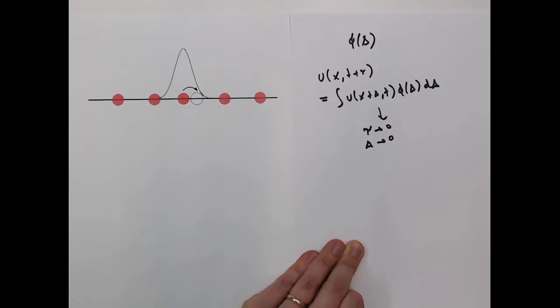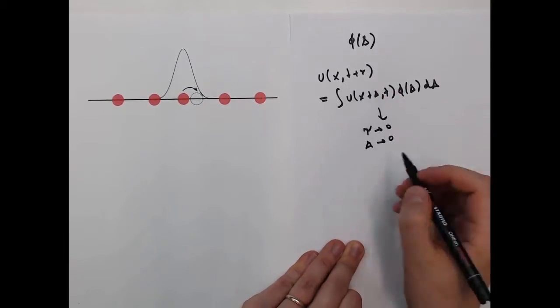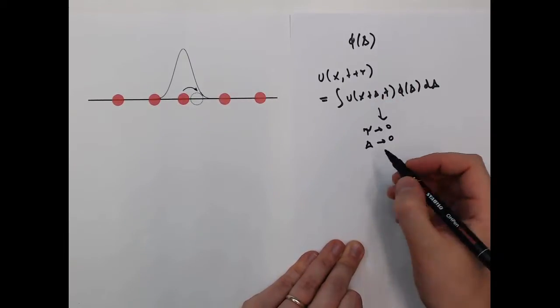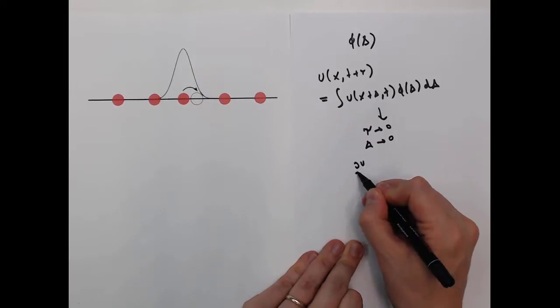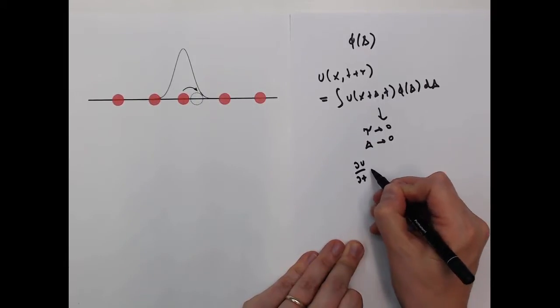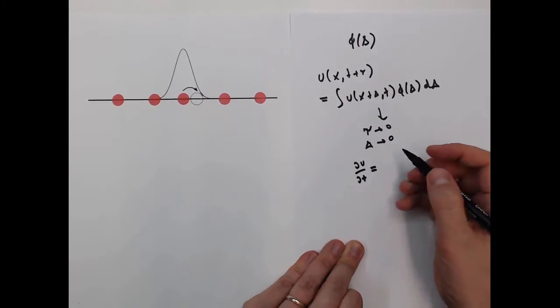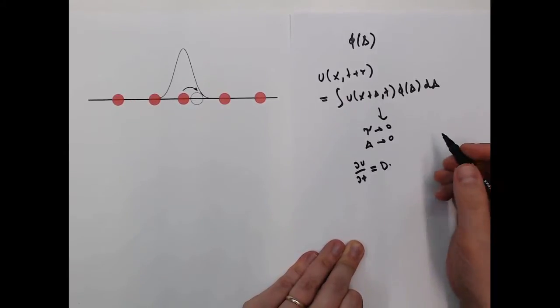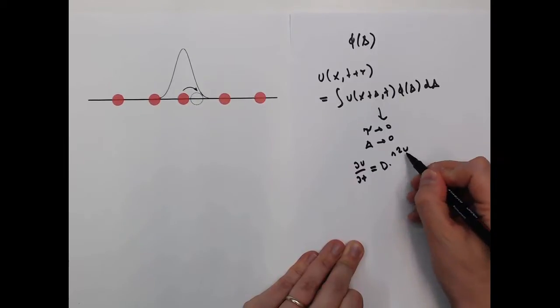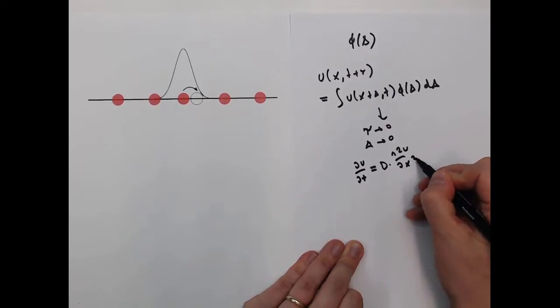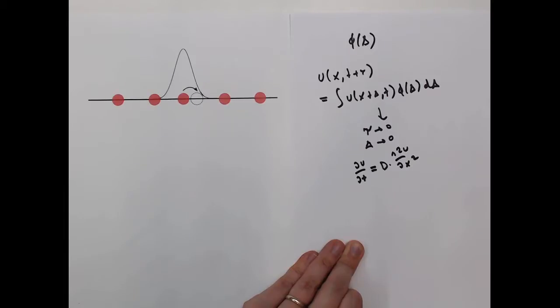And what now happens is that you can show that this density will end up being the solution to something called the diffusion equation, where the time derivative of u is equal to a constant D times the second derivative of u with respect to x.